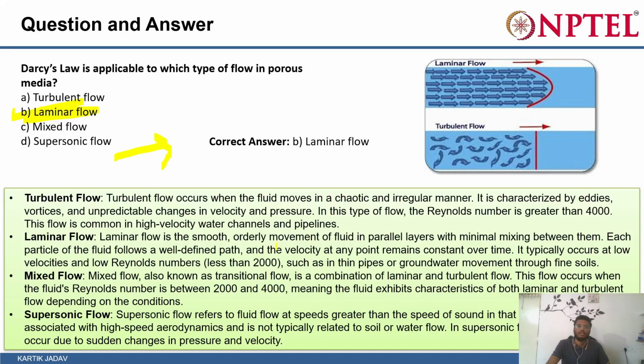It is an orderly movement of fluid in parallel layers with minimal mixing between them, and each particle of fluid follows a well-defined pattern. Velocity at any point remains constant over time. So it typically occurs at low velocity and low Reynolds number, that is, less than 2000.